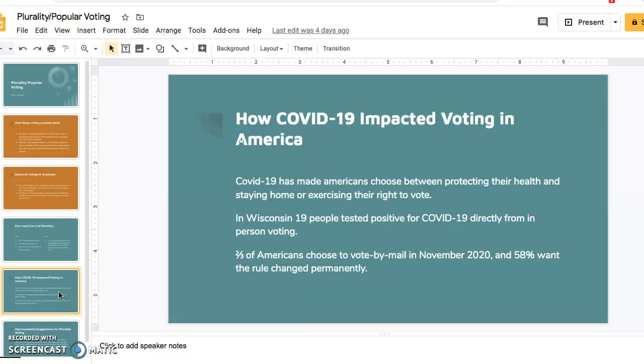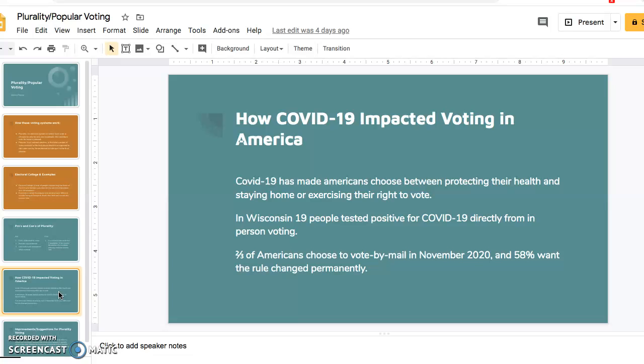In Wisconsin, 19 people tested positive for COVID-19 directly from in-person voting. So, like I said before, regardless of the pandemic, people are still going to want to vote and exercise their right. And as shown in Wisconsin, 19 people got COVID-19 because of going in person and actually voting. 2/3 of Americans chose to vote by mail in November 2020, and 58% want the rule changed permanently.